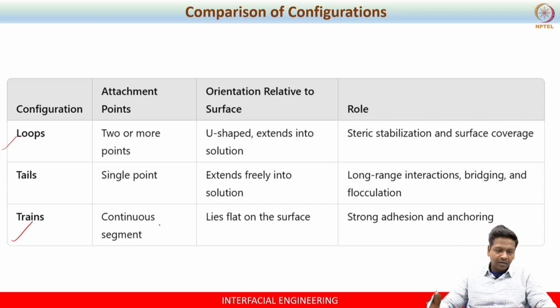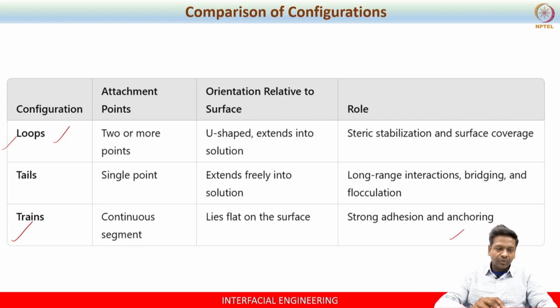In the case of train, the polymer molecules anchor onto the surface in a continuous fashion, such that they orient themselves parallel to the surface or lie flat on the surface, which ensures stronger adhesion and anchoring. So this will always lead to steric stabilization. Both train-like and loop-like configurations lead to steric stabilization.